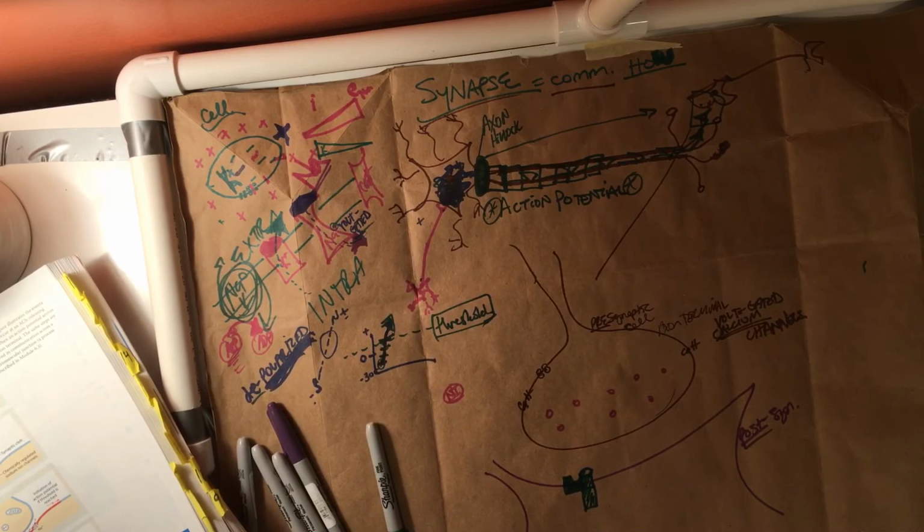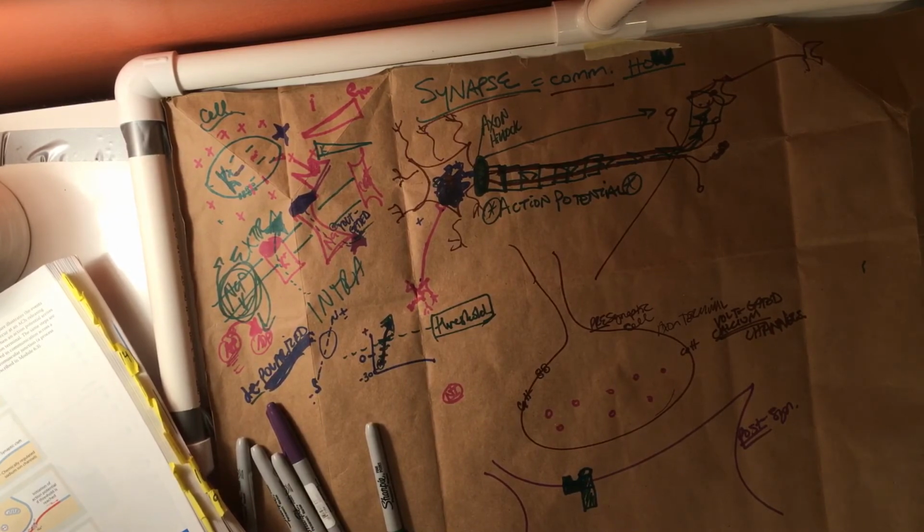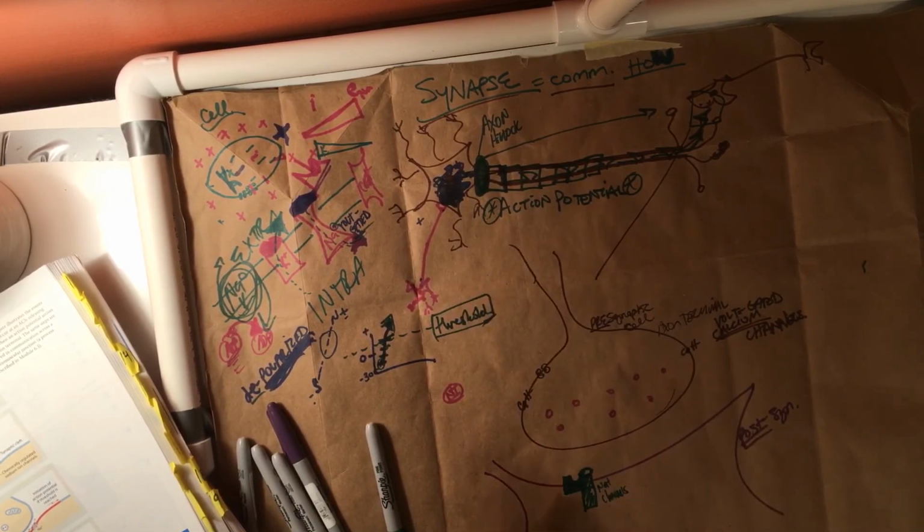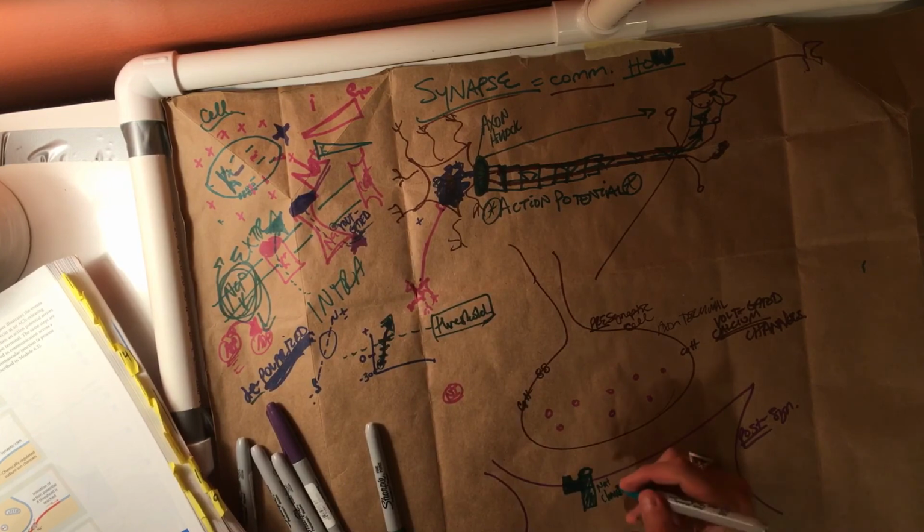Suppose these are sodium channels. The difference between these and the voltage-gated sodium channels up there is that these open in response to the binding of a neurotransmitter.